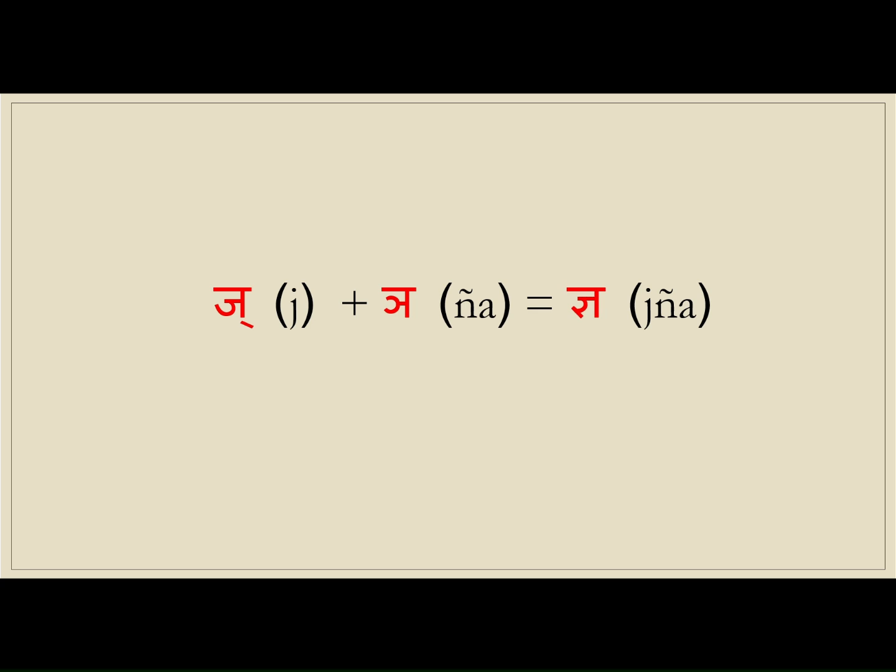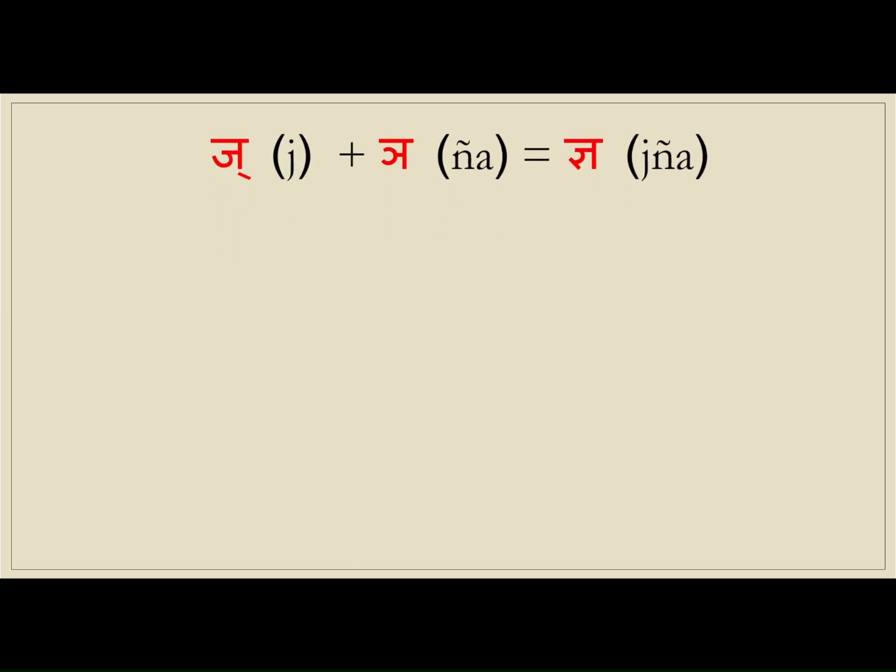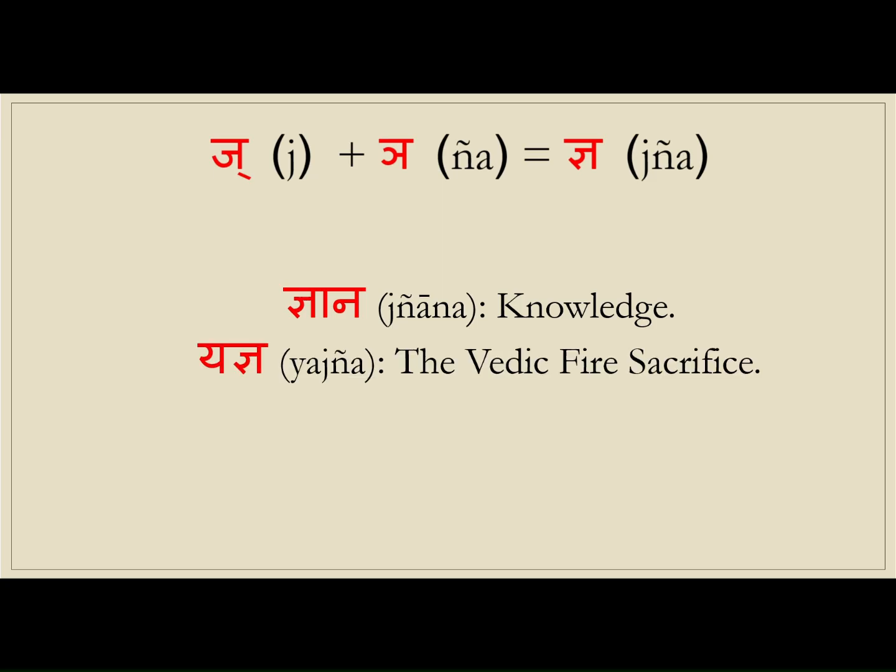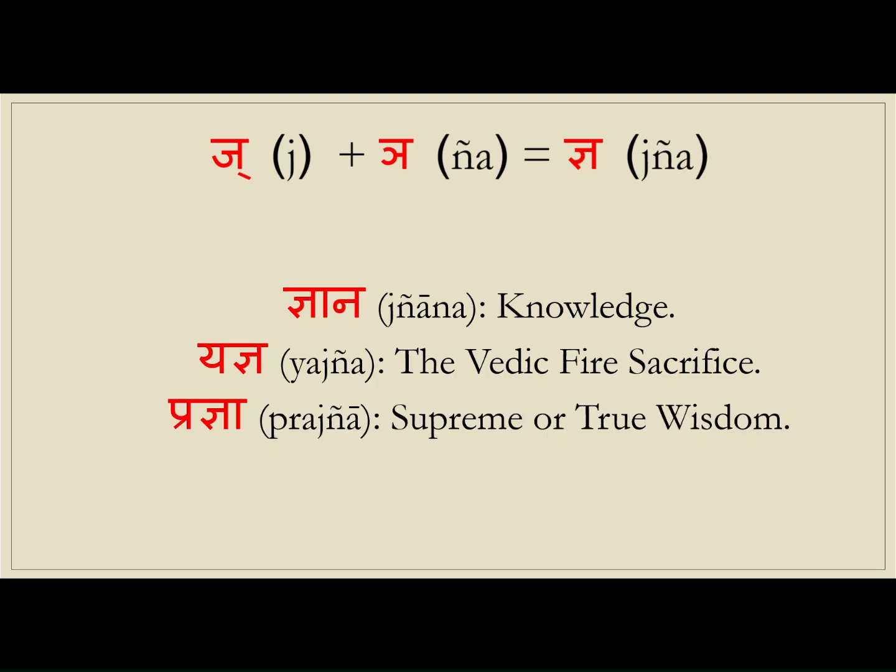So gnya. The Sanskrit examples are words like jnana, which means knowledge, the word yajna, which is the Vedic fire sacrifice, and the word prajna, which means supreme or true wisdom.